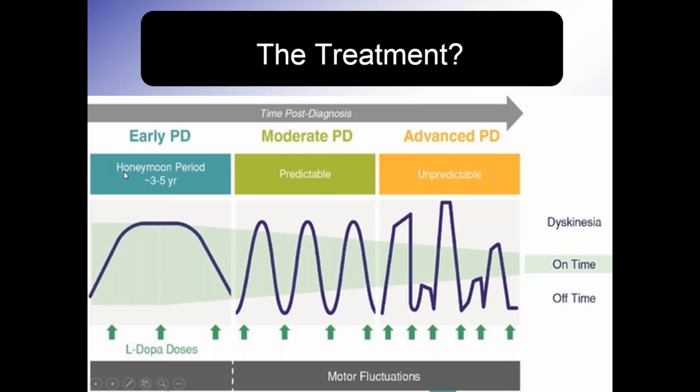This is generally what we call the honeymoon period in the first 3 to 5 years of disease, where the frequency of the medication doesn't necessarily change when the symptoms start to reappear. Over time, you'll notice by the narrowing of this grayish green window that as the disease progresses, there starts to be more of this fluctuation idea where sometimes the peaks go beyond the acceptable level, and that's what leads us to dyskinesia.